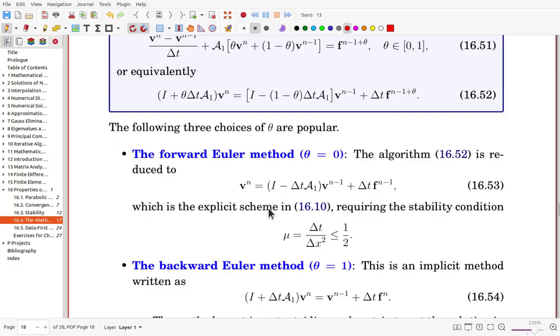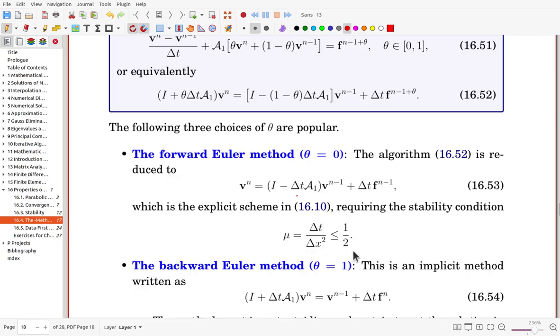When theta is 0, the left-hand side is V^n, and the right side is (1 minus delta t A1) V^{n-1}. That is exactly the Euler method, an explicit scheme. And we already know that the stability condition requires this inequality: mu is bounded by a half.